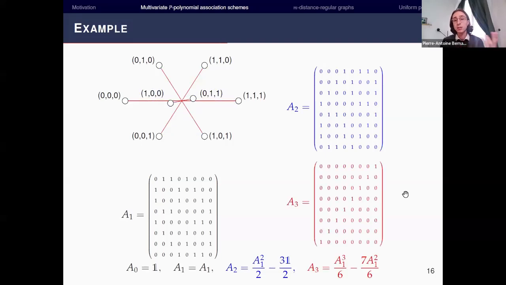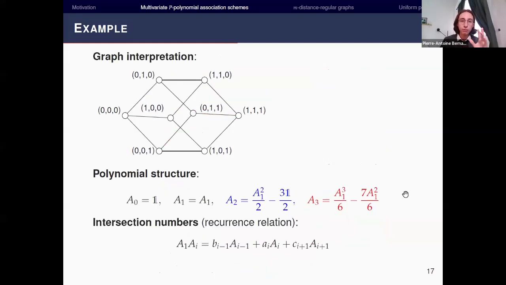And A3 is the matrix connecting the elements at distance 3 in the graph, and it's a polynomial of degree 3 in the first matrix A1. So for the univariate P-polynomial case, we have a graph interpretation of this P-polynomial scheme. We have a polynomial structure, and there's a condition on the intersection numbers.